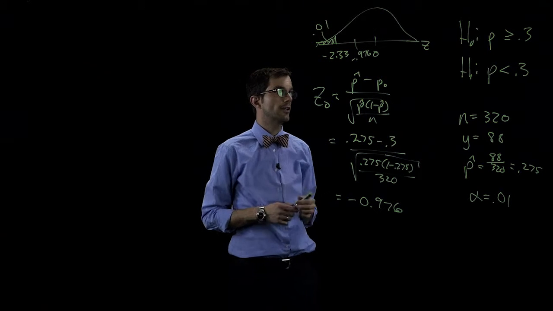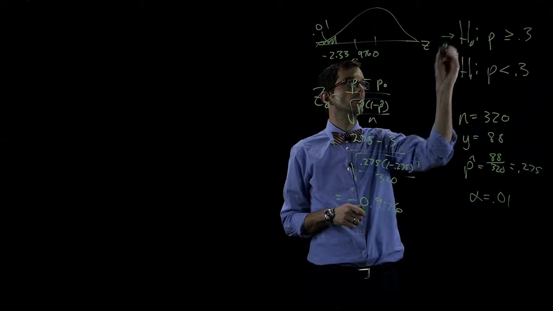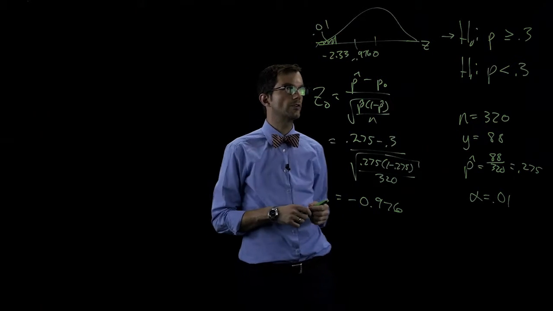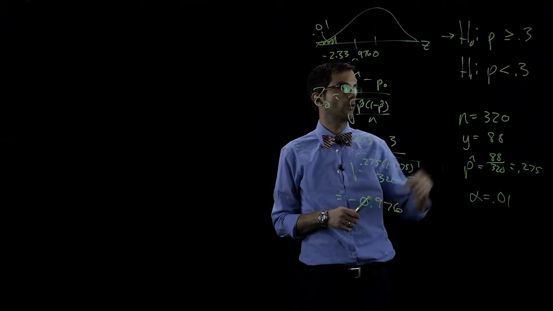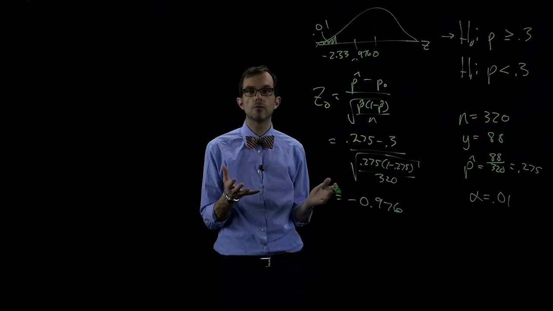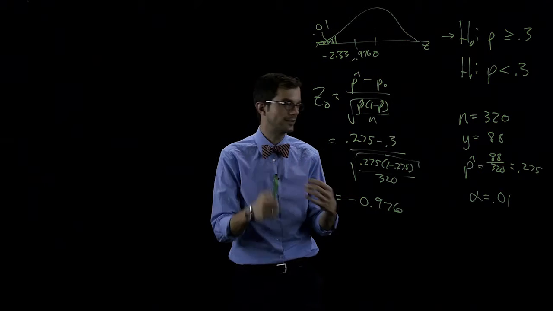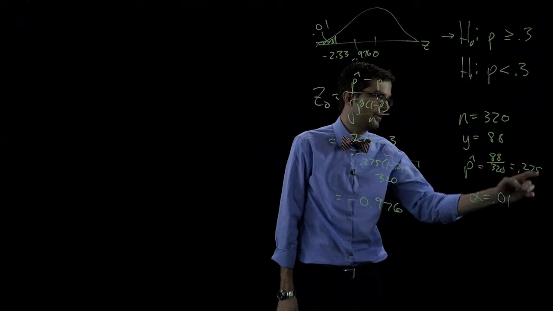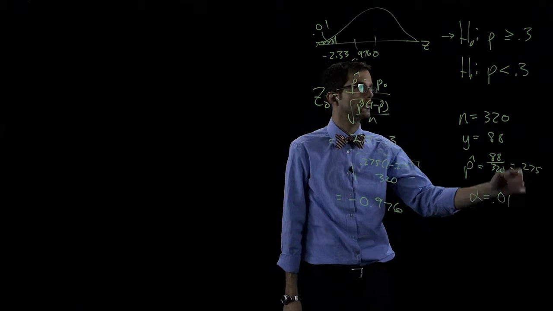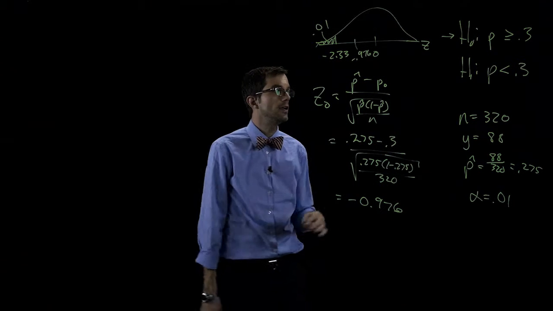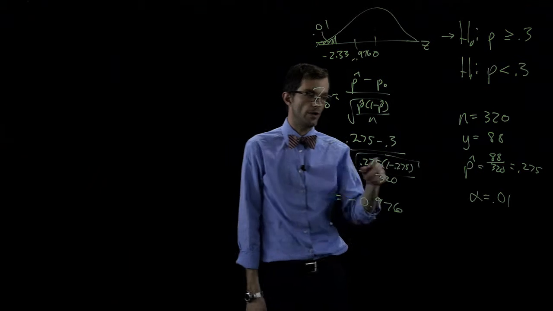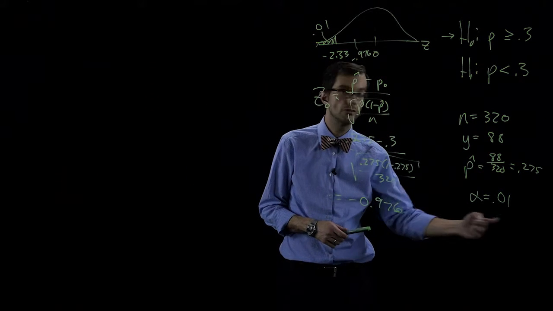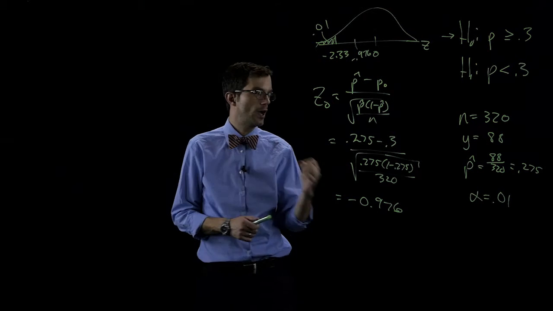We would not reject the null and conclude that the proportion of video gamesters who prefer controller A is greater than or equal to 0.3. There's not enough evidence that suggests that this proportion is actually smaller than 0.3, given our sample size and our variability, and our level of confidence. We want to draw conclusions with quite a large amount of confidence.